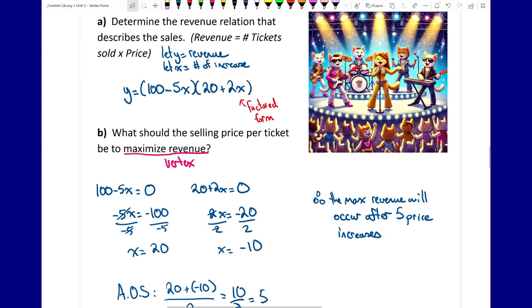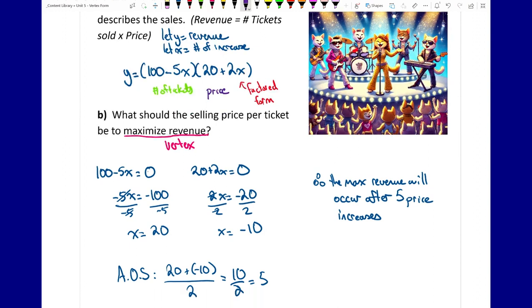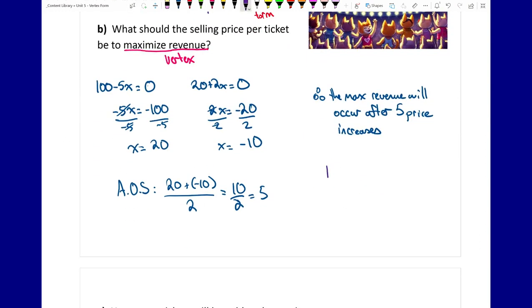I have an equation for the price. If we go back up here, this is our price, and this was our number of tickets. So for the price, it's equal to 20 plus 2 times x: 20 plus $2 times the number of increases, or 20 plus 2 times 5, or 30.